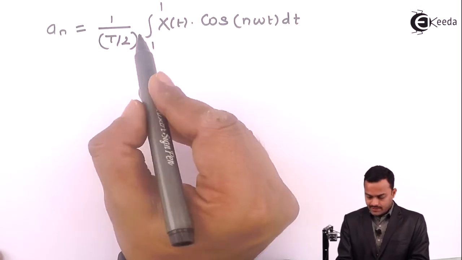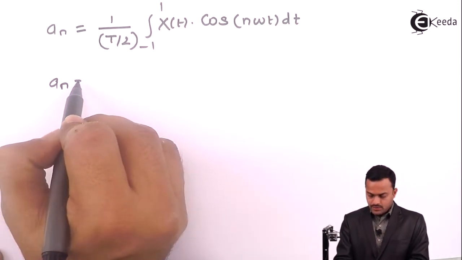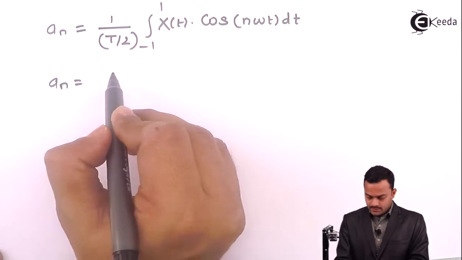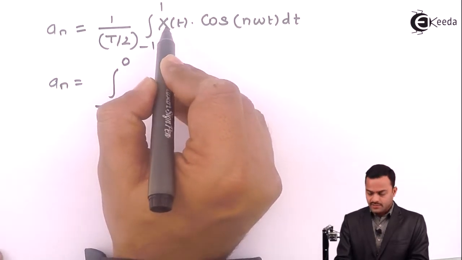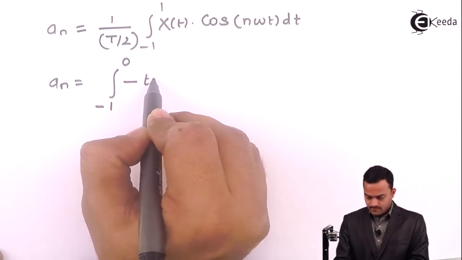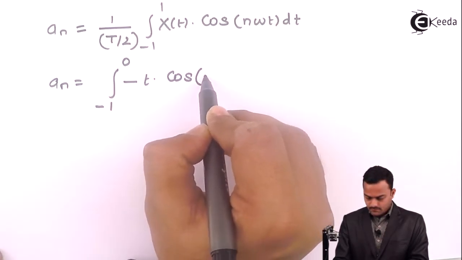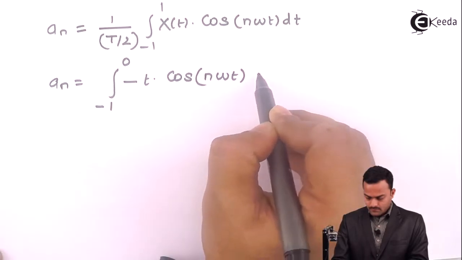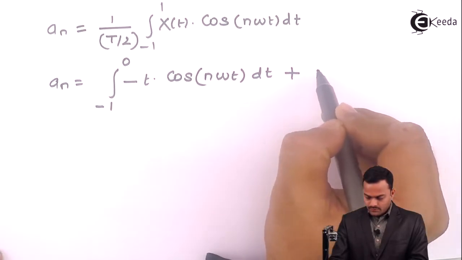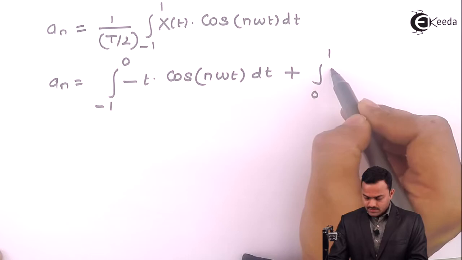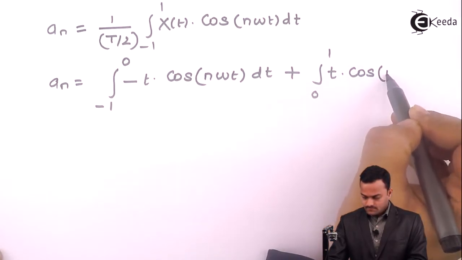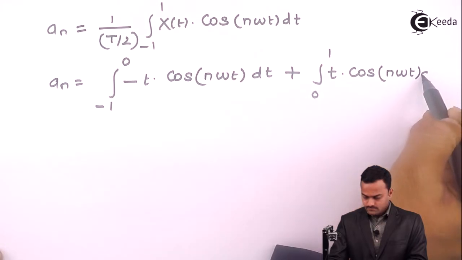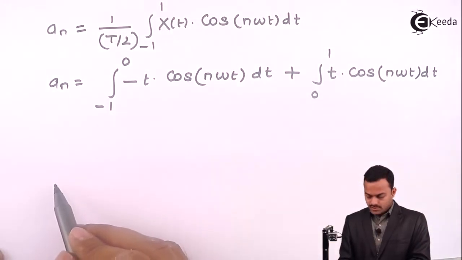So in the end, an will be 1 upon 1. No need to write x of t. From minus 1 to 0, we have x of t as minus t. And from 0 to 1, it is plus t. So let's solve it.